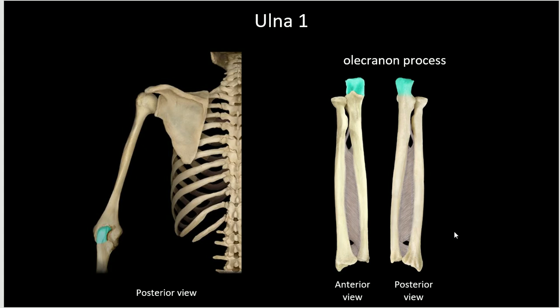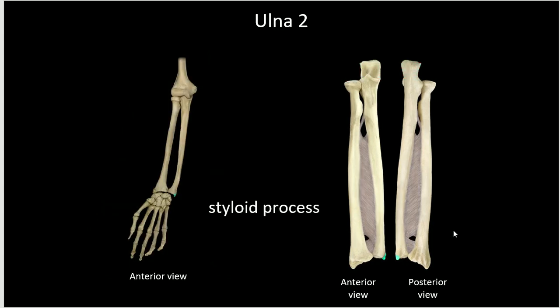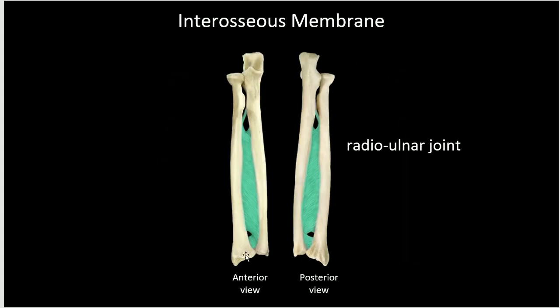Fossa is the indentation. Process is what sticks out. And then we have the styloid process here on the ulna. Part that breaks. Common fracture point. And then our interosseous membrane between the radius and the ulna.